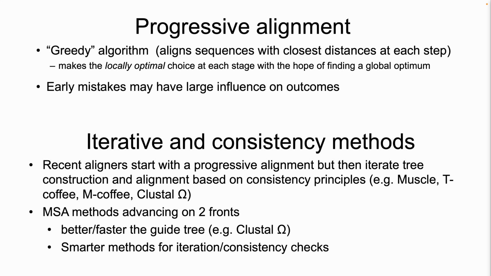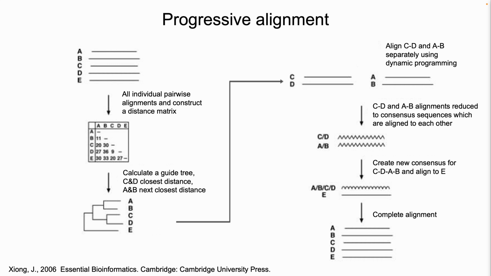But it's a greedy algorithm. People recognized this even from the beginning, but it was the best we could do back in the 80s and 90s. Why is it greedy? Well, it's taking A and B and C and D, the things that are most closely related, at the beginning.